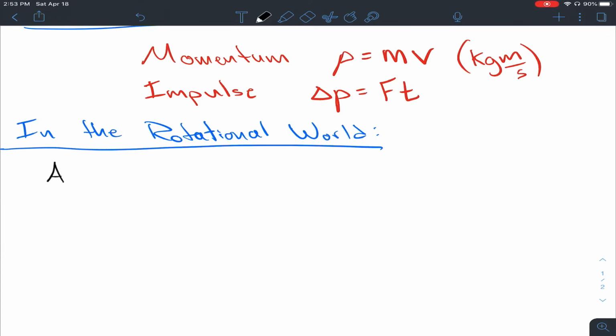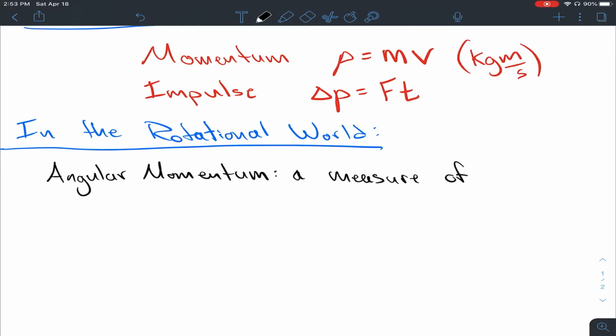Right, we have angular momentum. And all angular momentum really is for us, similar to how normal momentum was for linear, is just a measure of how much rotational motion, so how much an object rotates, and so how much rotational motion and rotational inertia an object has.